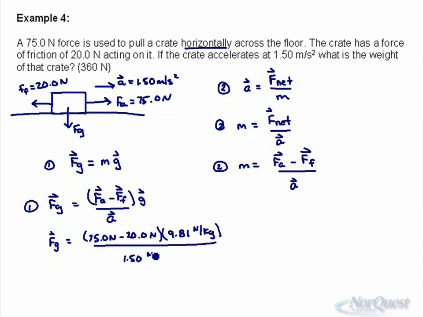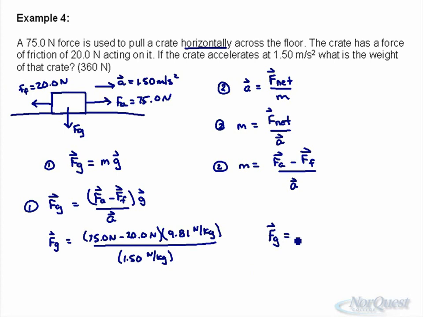I'm going to use newtons per kilogram for acceleration in here as well, so that if you are looking at your units, you can see that the newtons per kilogram divide out with newtons per kilogram, and you're just left with the units of newtons at the end, which should be appropriate because you are dealing with a force due to gravity.